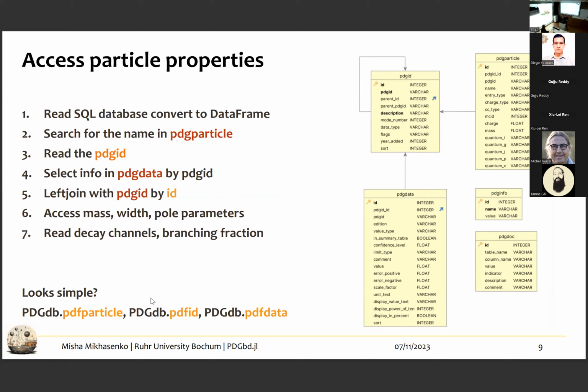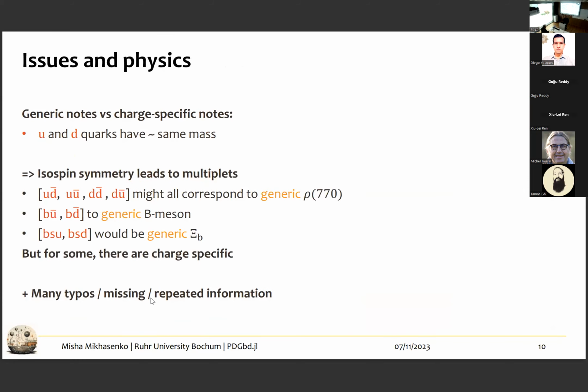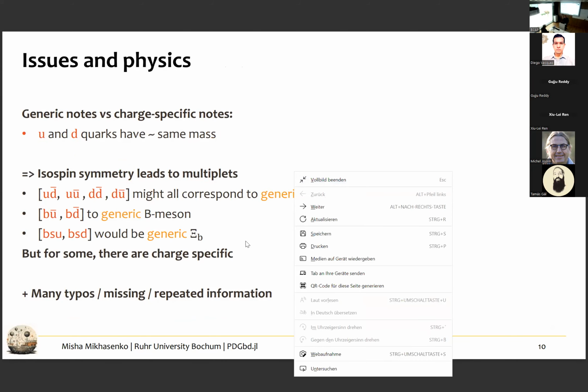Funnily, this particle data has the numbers, but it doesn't tell you what it is. So the description is stored in a separate table, and we have to left join these 2 tables to access the descriptor. But these are straightforward operations on these databases, and that's actually what is done in the package.